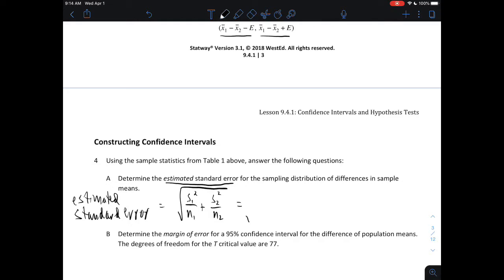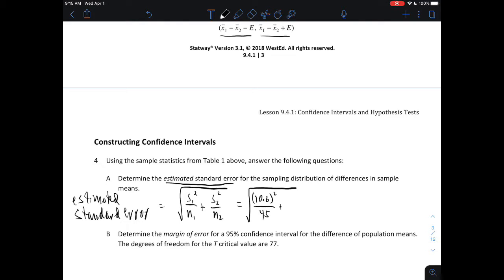So I'm going to take the information from the table on the first page of this lesson. We had that s1, the standard deviation for sample 1, was 10.60 minutes. So I'm going to take 10.6 and square that and then divide by n1, which was 45.